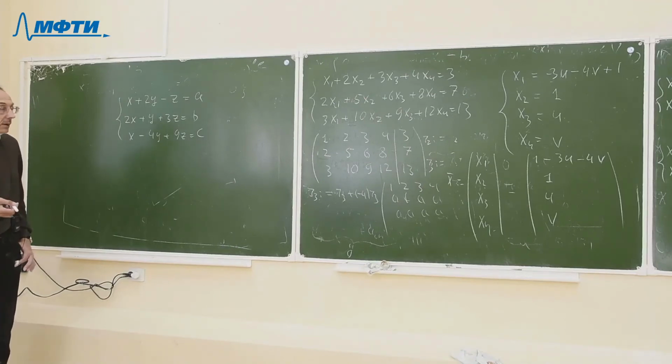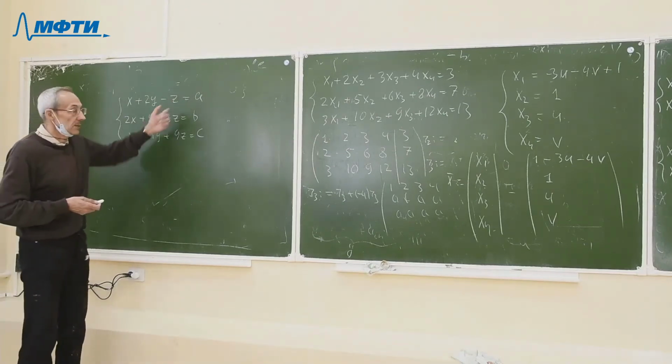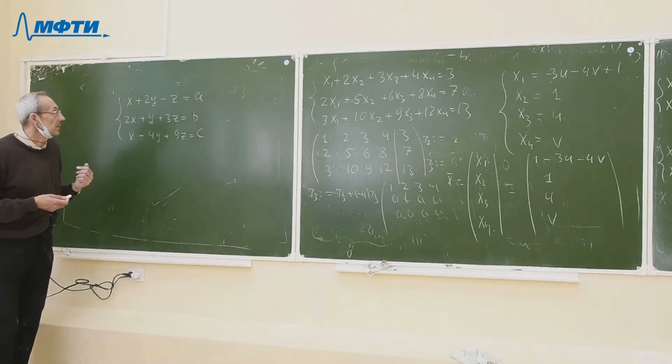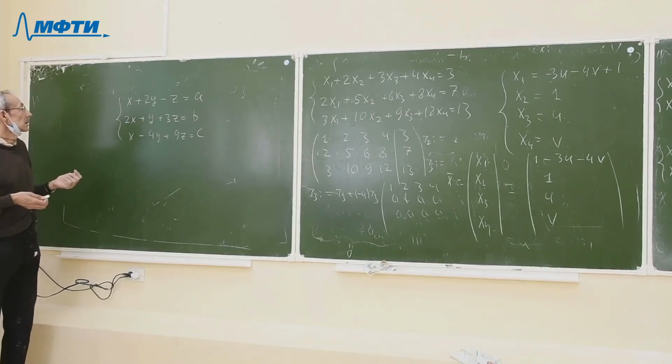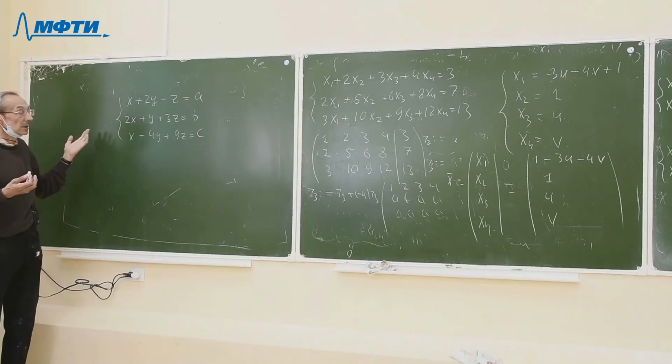And our task is to find the solution of this linear system as a function of these parameters. We must express the solution. The solution is a three-tuple of real numbers, the values of variables x, y, and z.